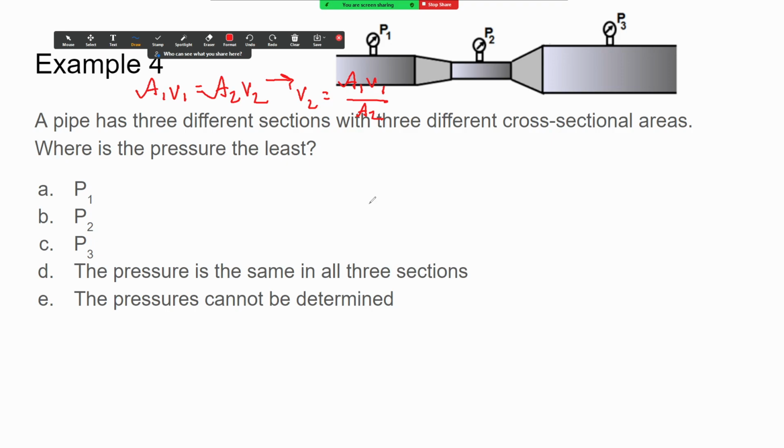All that we really know, unfortunately, are the pressures and the relationships between the velocity and the area. So if I write Bernoulli's equation, I'm not going to state all these terms, but you know that they're all here.